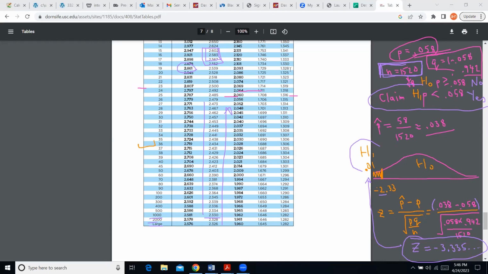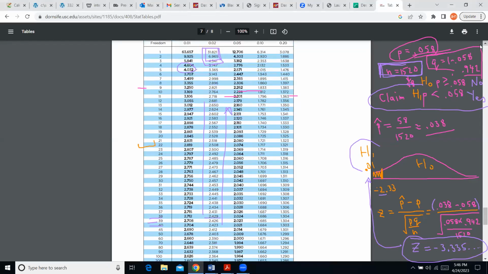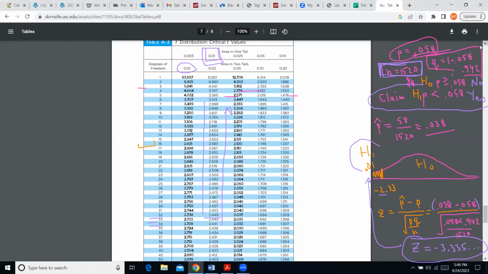So we need bigger samples in order to get a normal distribution. Because if you consider only a one-element sample, then your critical score will be 31, which is huge. And that's why they designed a different distribution.